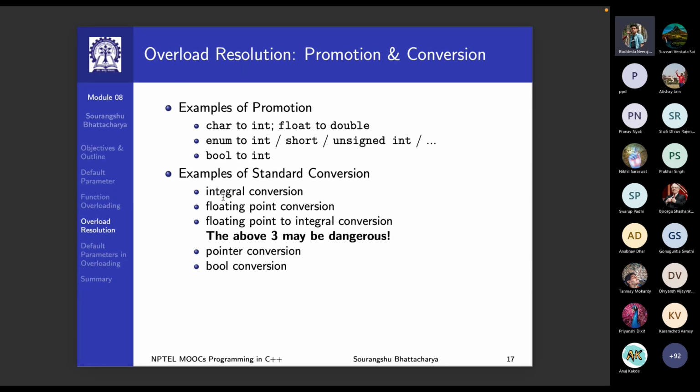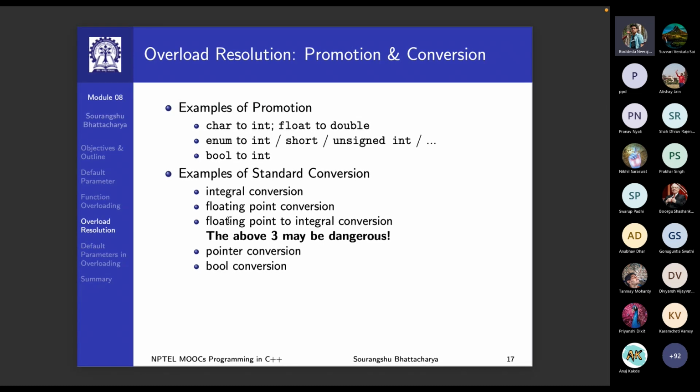Then floating point conversion, a conversion from other types to floating point types, and then floating point to integral conversion. Then there are pointer conversions and Boolean conversions. At least the top three conversions are dangerous because they can result in data loss.